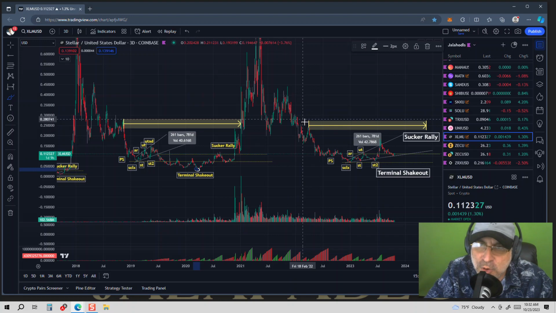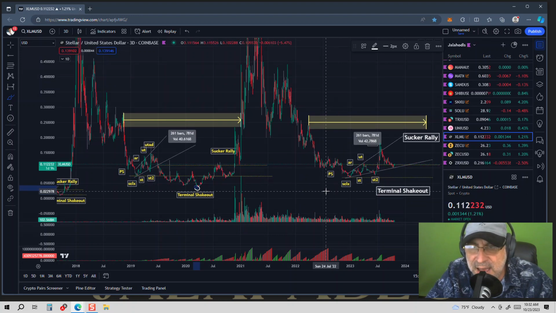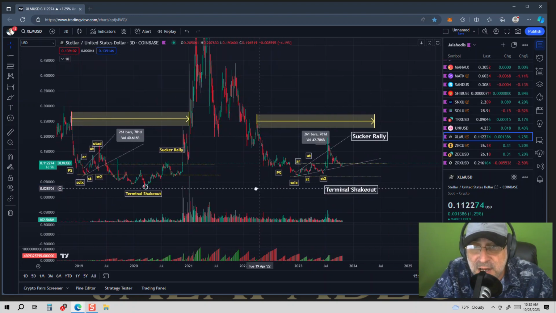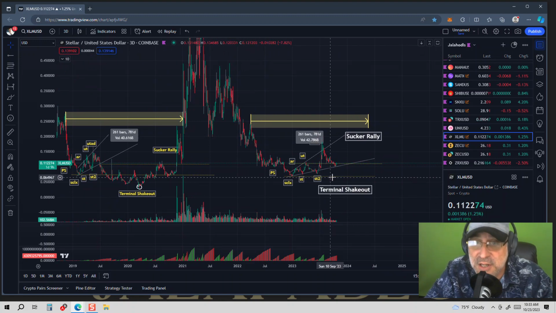Well, it started before that, but I just counted from April of 22, which would be kind of the same area that we started here, which fell into the primary support, which culminated in the selling climax for this present bottom that we're in right now, this present accumulation cycle.